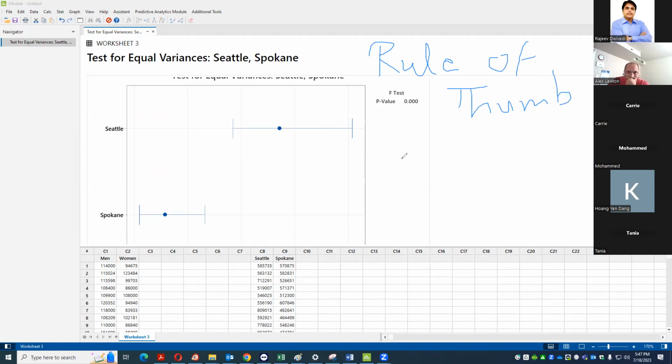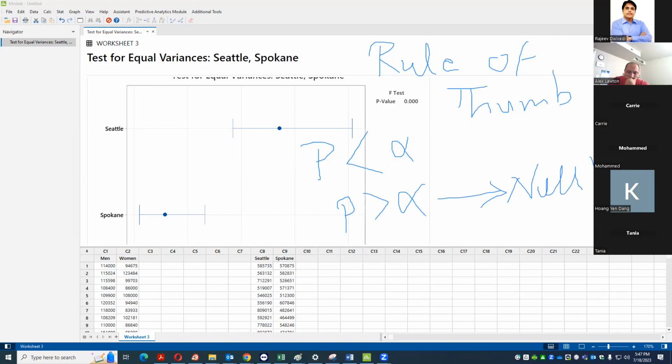Just remember, alpha is the significance level. If the p-value is greater than the alpha value, this means the null hypothesis holds good.